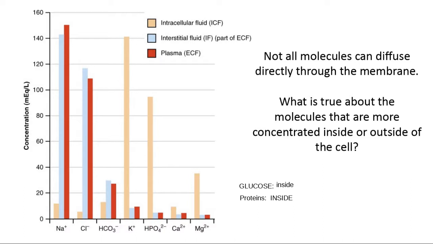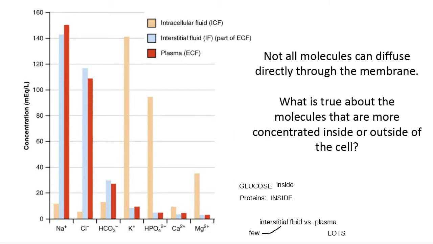One of the biggest differences when we compare interstitial fluid versus plasma is the level of proteins in these two types of fluids. So plasma has a lot of proteins. Interstitial fluid, I'm just going to put few, very few comparatively.